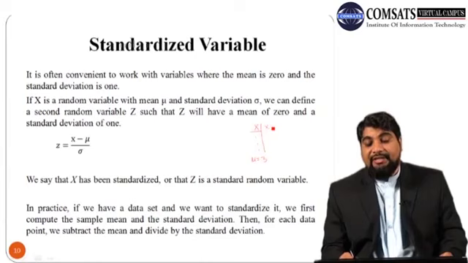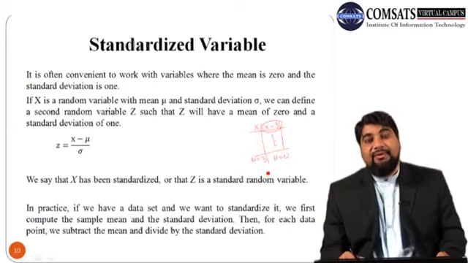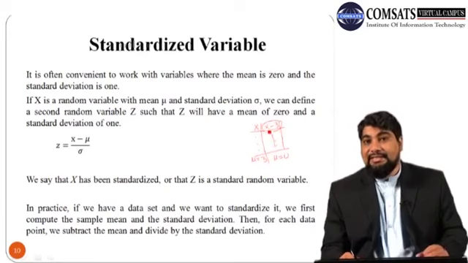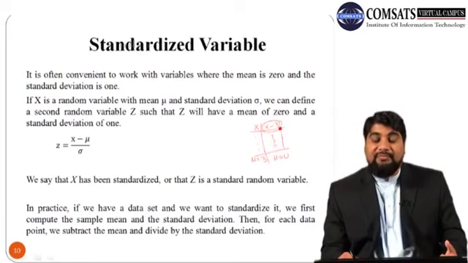If we subtract 3 from each of these x values and take the mean of this new variable, the sum of these observations divided by the total number of observations, this will be 0, because we have adjusted these observations with respect to the mean.